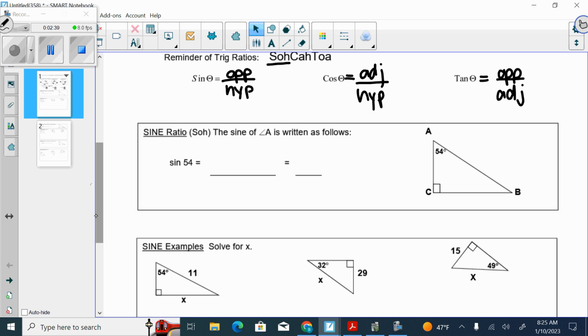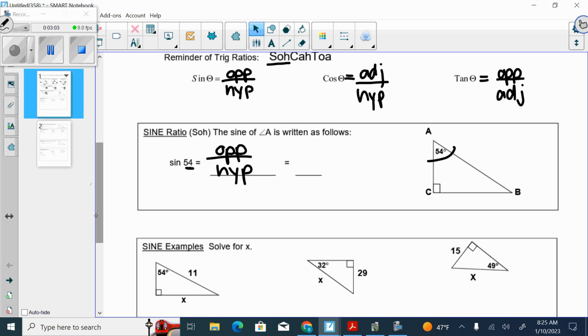So, in this figure, when they ask us to find a missing side using sine, instead of theta, they did give us an actual angle to use, right? So, instead of sine of theta, I'll put sine of 54 degrees is equal to that ratio that we know, opposite over hypotenuse, right?